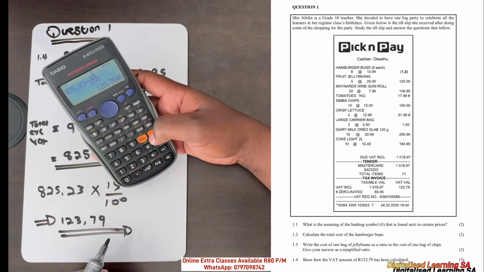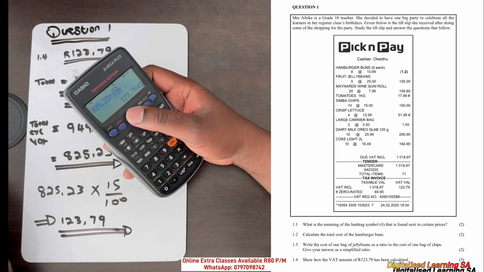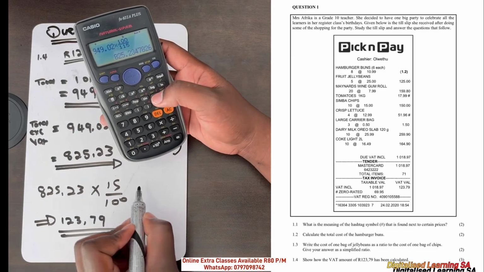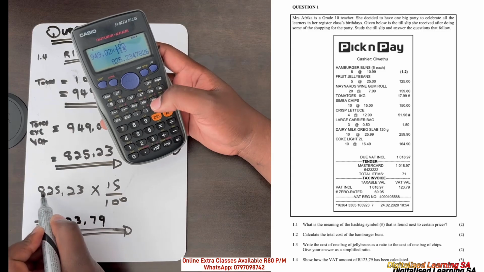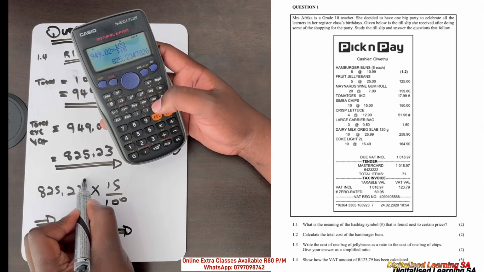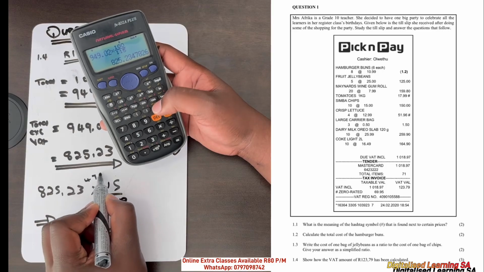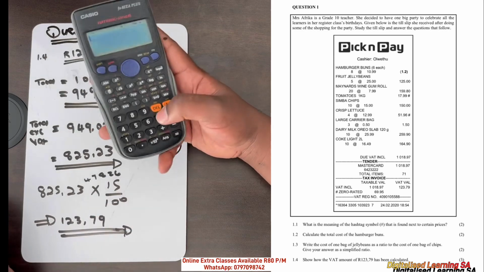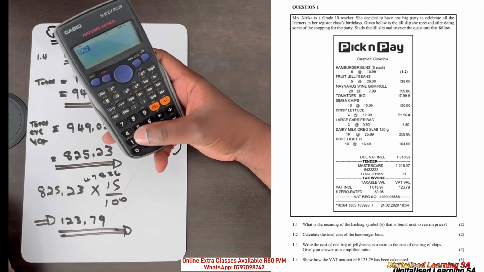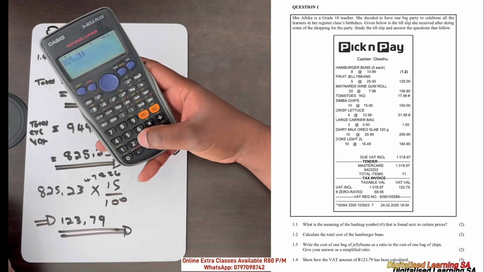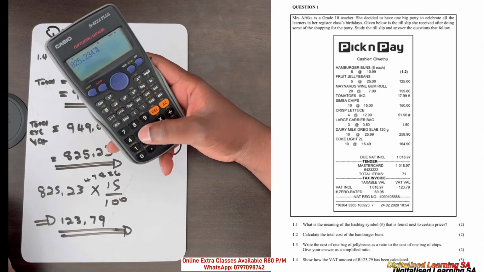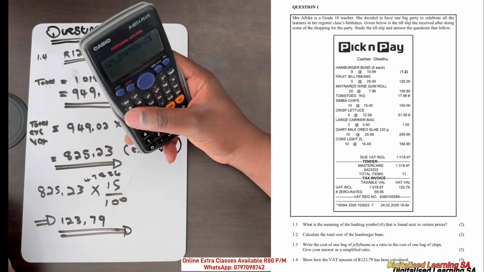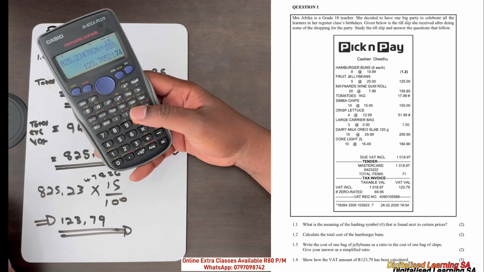But before we move forward, we can first clarify it. Here it's 825.23 47826, so let's write it in full. It's 825.23 47826 multiplied by 15 divided by 100. You see?